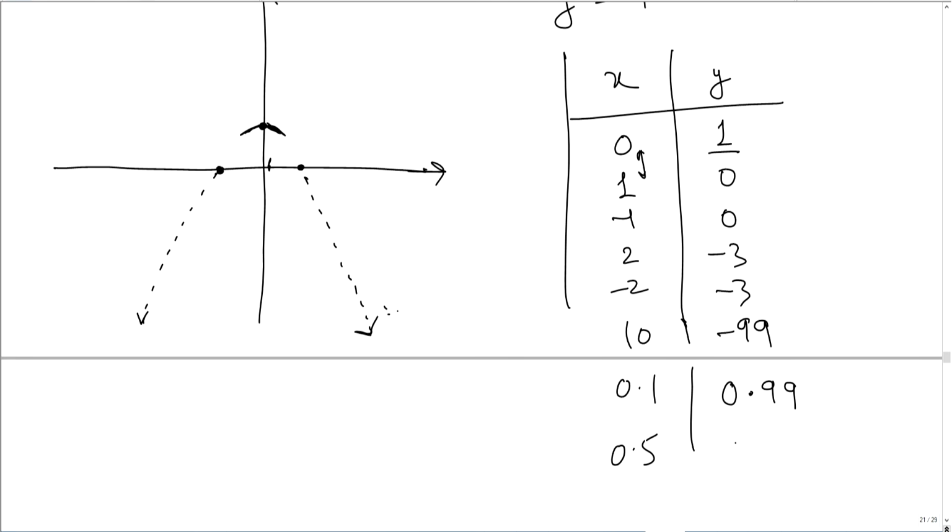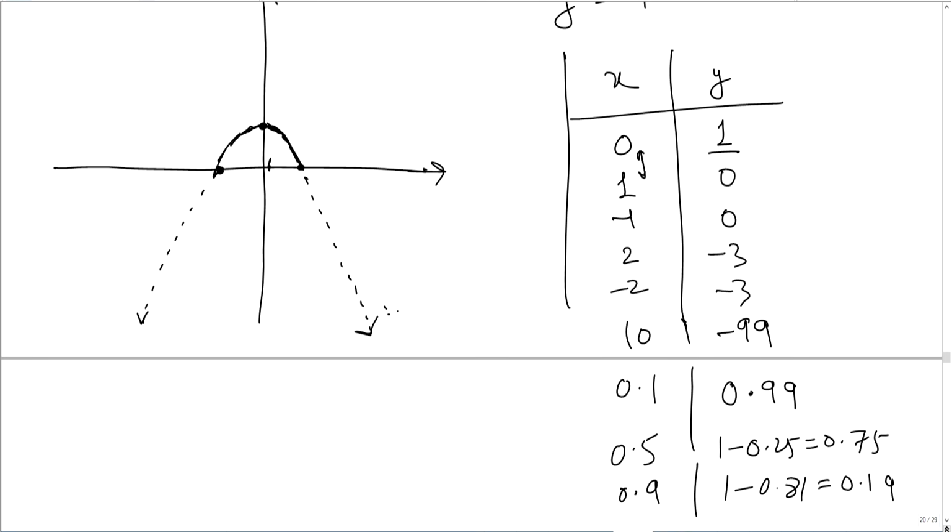At 0.5, the value of y would be 1 minus 0.25, 0.75. It will keep on decreasing. Let's say 0.9. At 0.9, the value of y would be 1 minus 0.81, so 0.19. So these points would be somewhere here.